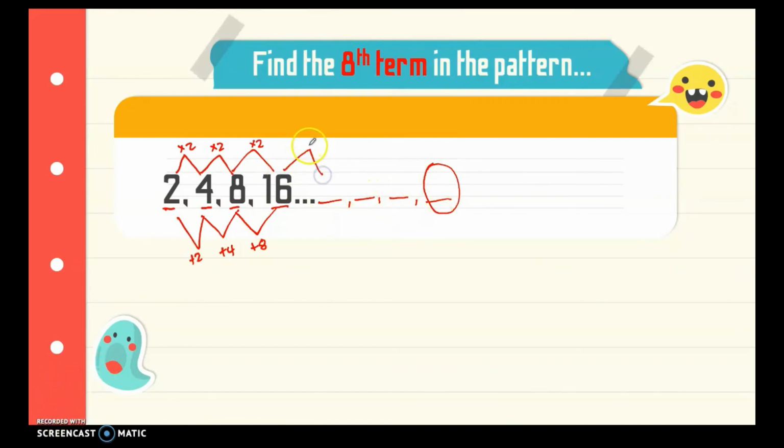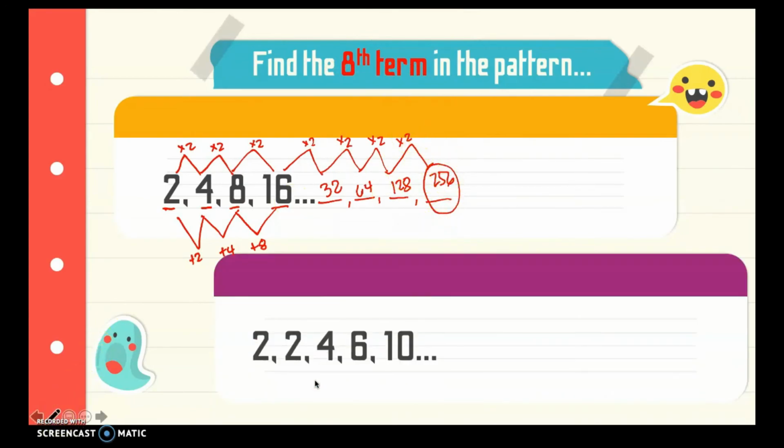So we have 16 times 2 is 32, and 32 times 2 is 64, and 64 times 2 is 128, and 128 times 2 will get 256. So our answer for finding the eighth term in the pattern is 256.